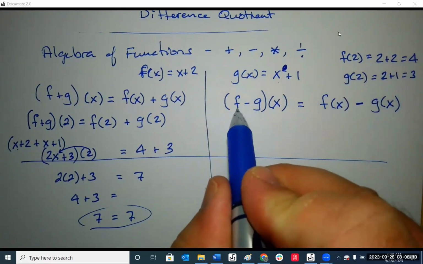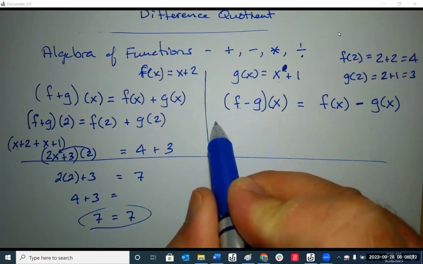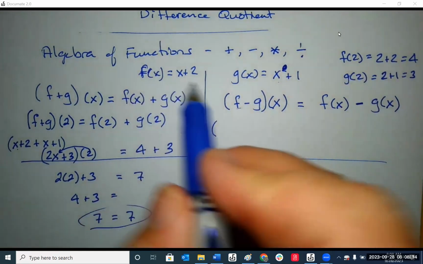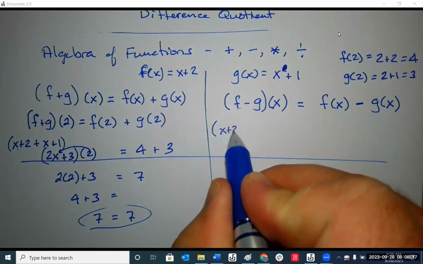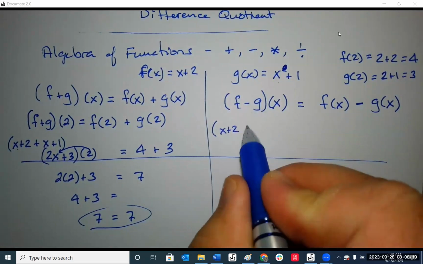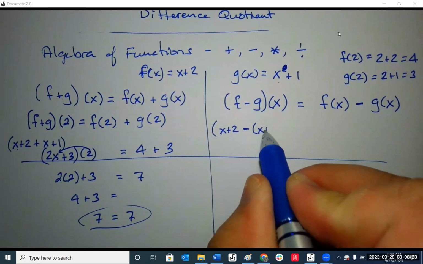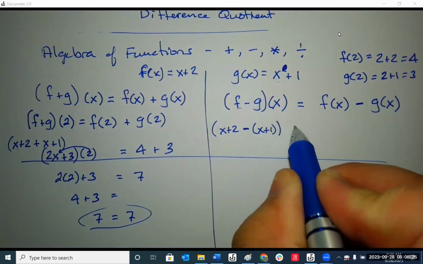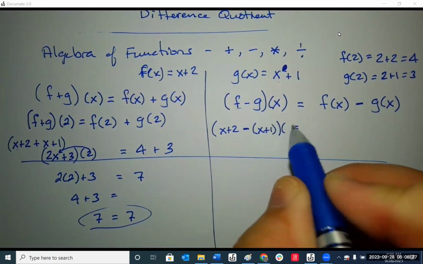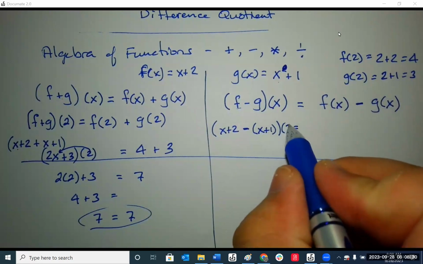So on this side, we take the two functions, x plus 2 minus x plus 1, and we're going to do it at 2.